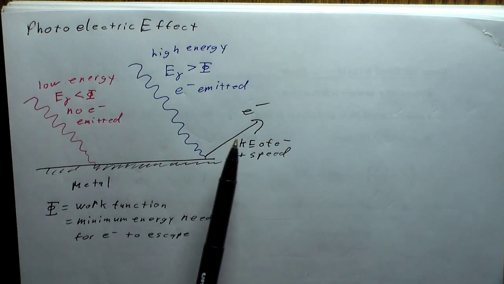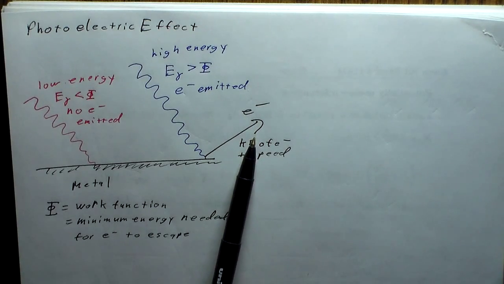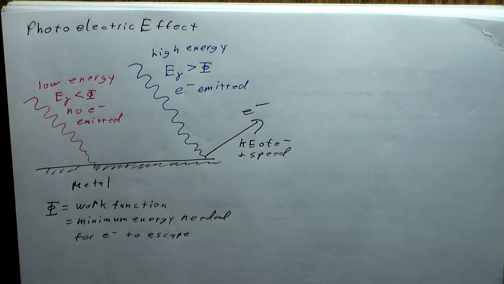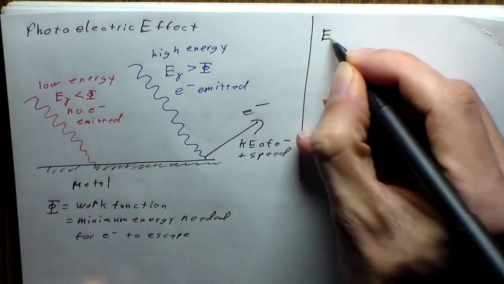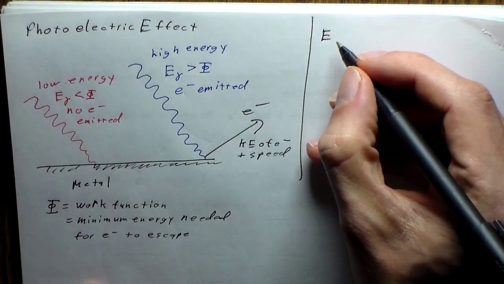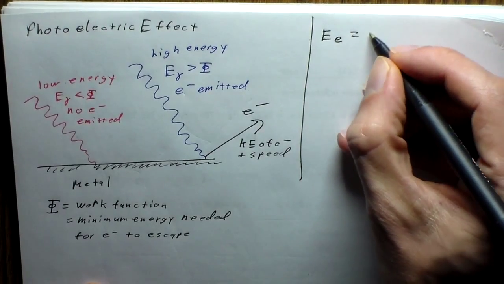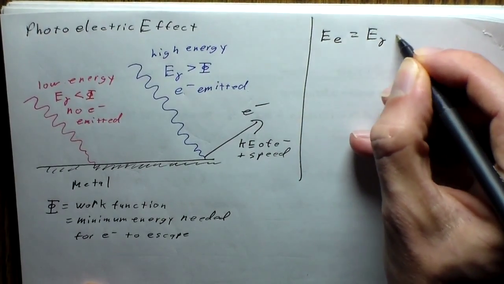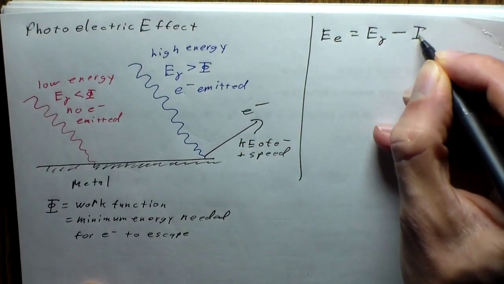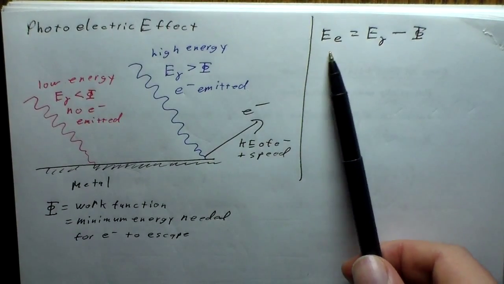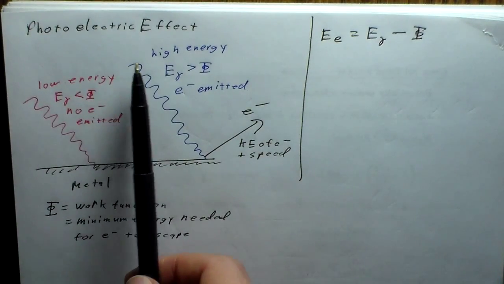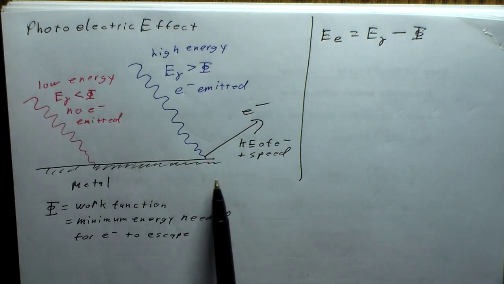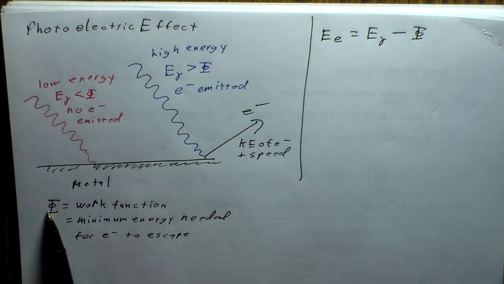Now, how we calculate the energy of this electron is simply by using our energy conservation rules. Here, the energy of my electron is going to be equal to the energy of my photon minus my work function, because this, of course, is simple energy conservation. The energy of the photon comes in, and it needs a certain amount of energy to liberate that electron, which is my work function.